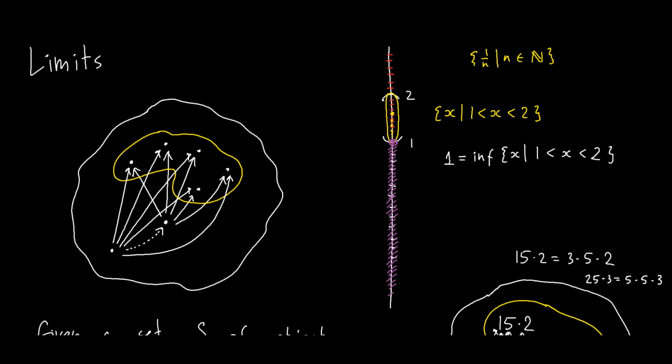But then order theoretically, the infimum of this set is also 0, right? So the infimum coincides with the limit of 1 over n as n goes to infinity. Yeah, so I can see how it coincides in a very, very special case. Yeah, and that special case is used as a motivation.